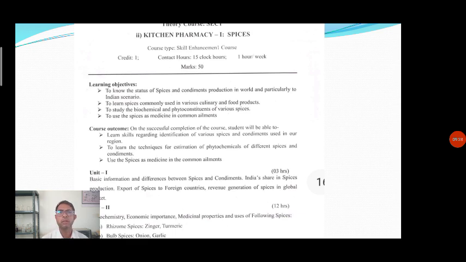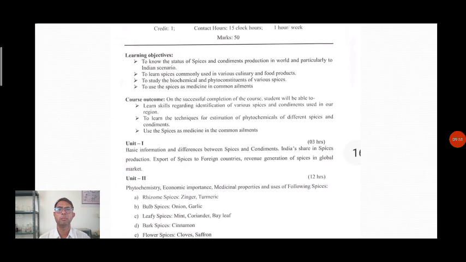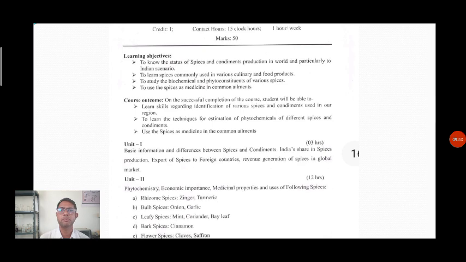And the most important outcome, to use spices as medicine for common ailments. So we can say that this is the most important type of subject, which gives the common uses of medicinal plants, the common uses of the pharmaceutical structures which are available in the plants.